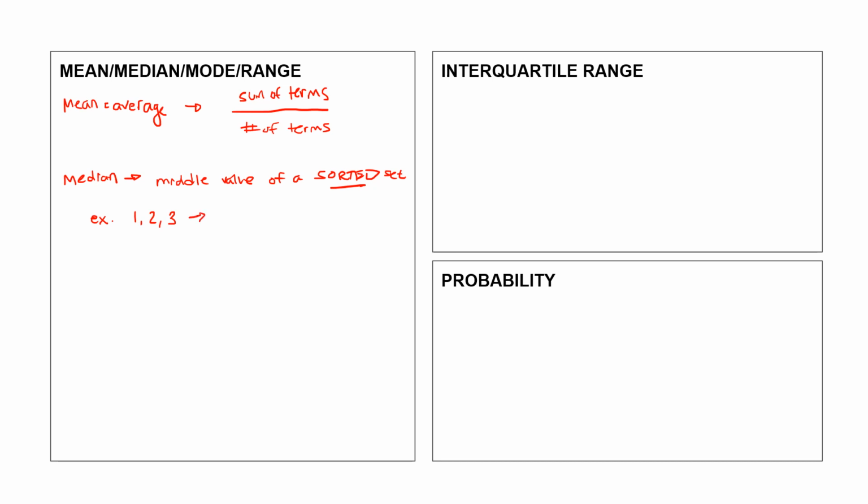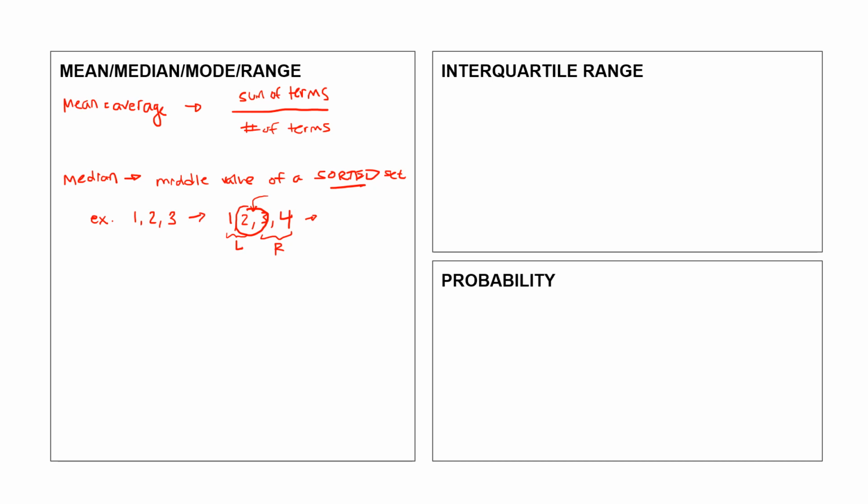Now you might be in a situation where you have something like 1, 2, 3, and 4, and the middle value here is sort of non-existent, right? It is conventional here to take the median as the average of these two numbers, right? So the rightmost number of this left set here, and the leftmost number of this right set here, okay?